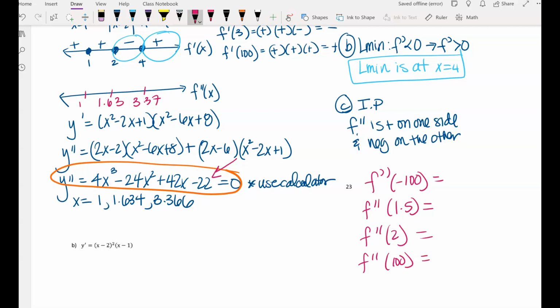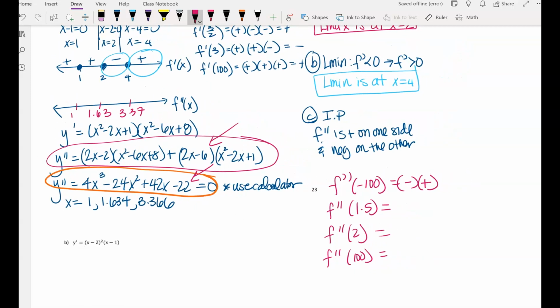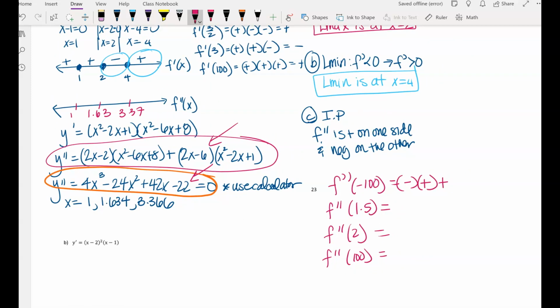All right, we have to plug it into the second derivative. We can even plug into here if we want. All right, so let's plug into here. It seems a little bit friendlier. Negative 100 times 2 minus 2, that's going to be negative. Negative 100, and then all of that squared, that's going to be positive. And then plus, okay, you know what?